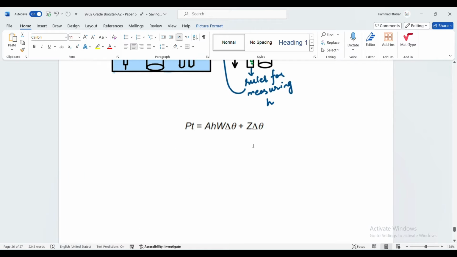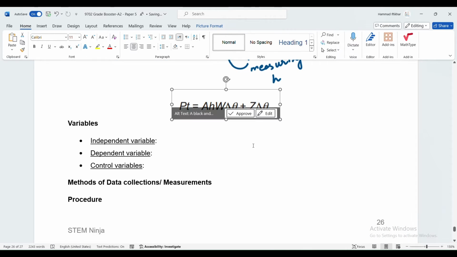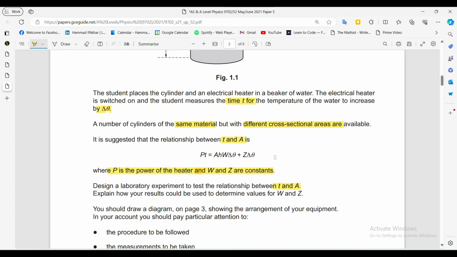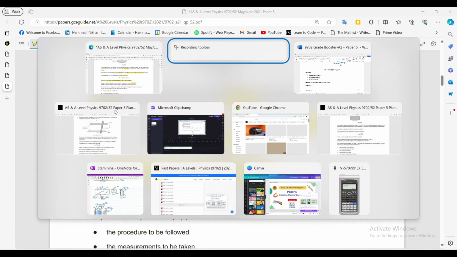Okay, all right. So we need the relationship between the time for the temperature of the water to increase by delta theta and cross-sectional area. Sorry, my bad.